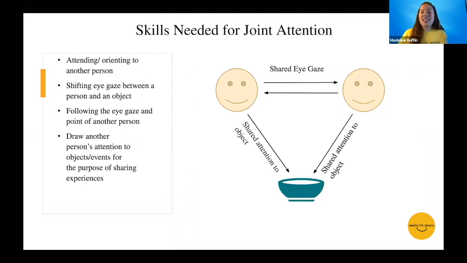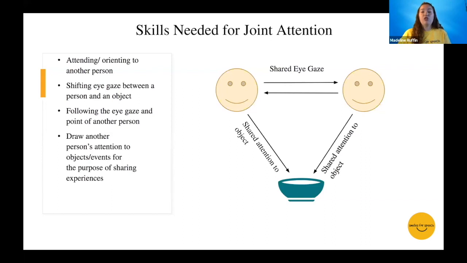Some skills needed from our pre-linguistic students to target joint attention are things such as being able to attend or orient to another person, being able to shift their eye gaze between a person and an object, being able to follow the eye gaze of or point of another person. So if I was to point over here, I would hope and look for my student to be able to follow that point to where I'm pointing to.